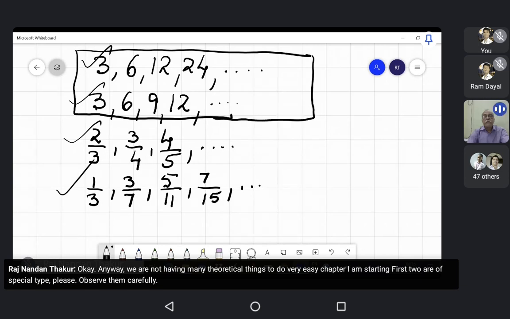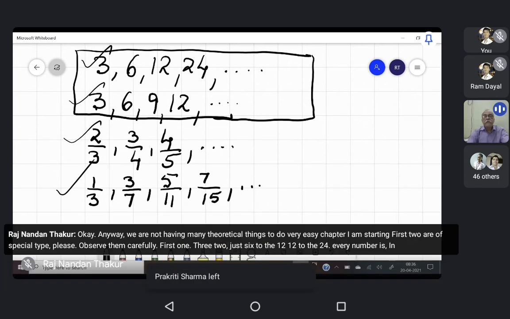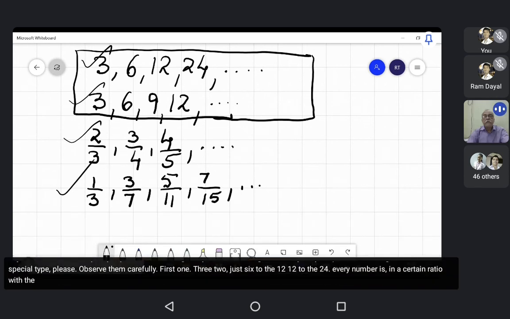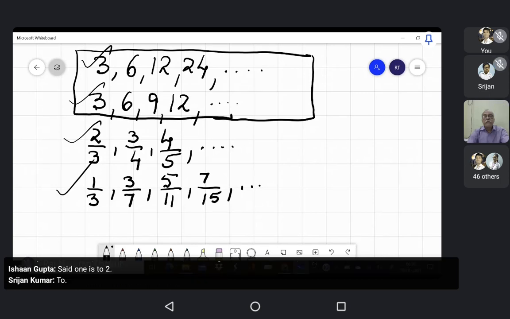observe them carefully. First one: 3 to 6, 6 to 12, 12 to 24. Every number is in a certain ratio with the previous number. In what ratio is the number increasing? 1:2. 2 is to 1.